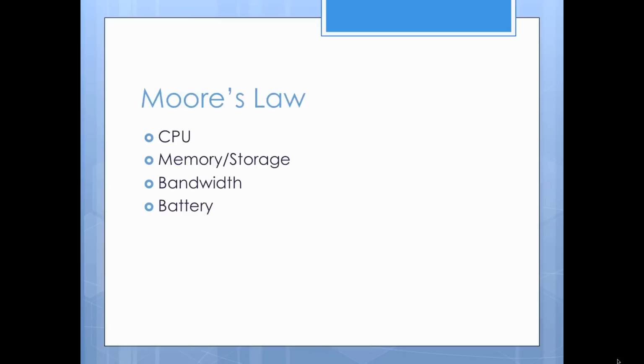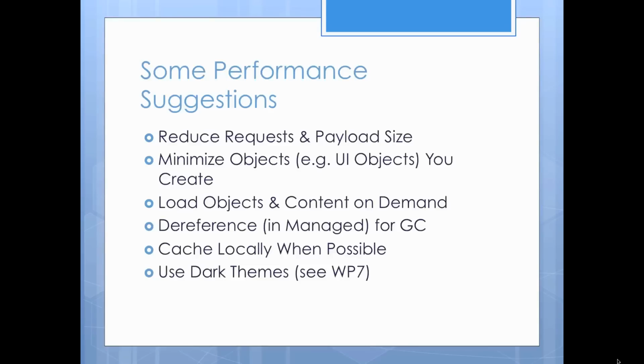Bandwidth, I would say, is probably the next most important, because the other two have a little bit more built-in management in terms of platform stuff. So, some things to think about in terms of performance. Maybe you're used to doing a lot of chatty interfaces between your client and your server if you are doing those kinds of apps.